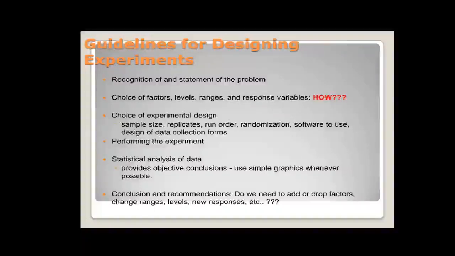Now, if I want to make tea, first I should know what my output is. There could be different types of output I want. For example, output could be the taste of tea. Secondly, output could be the color of tea. Third could be the smell of tea. To make it very easy, we will take a very simple output, the taste. I want a very good taste of tea.